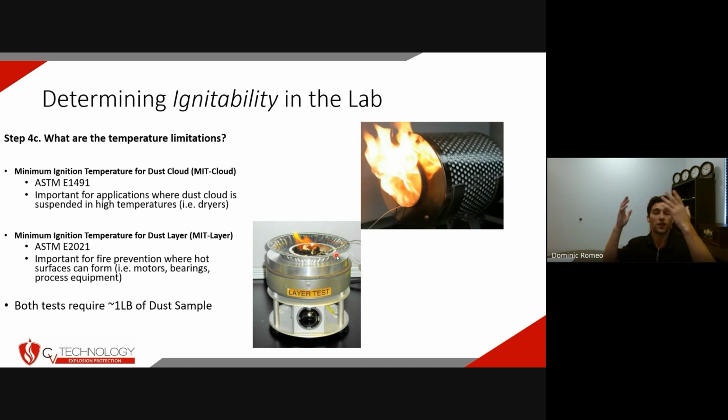So this is, think of a dust collector when you have that dust suspended in air, and then the minimum ignition temperature in a layer. Think of dust sitting on the top of a pipe in the process. And the minimum ignition temperature for a layer is typically lower than in the cloud because you have more material sitting there that has the ability to start a fire or combust.